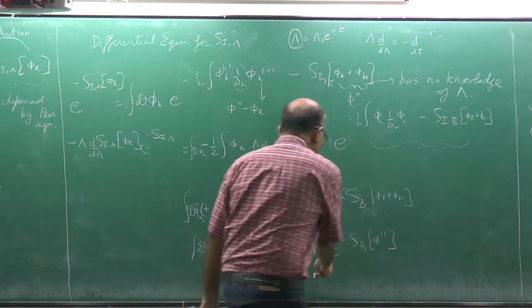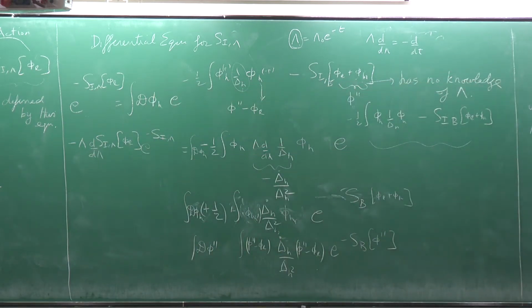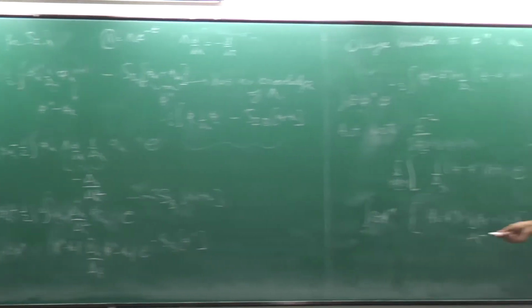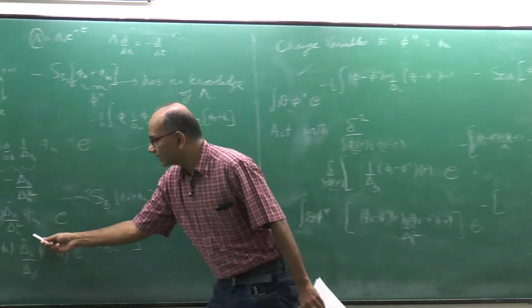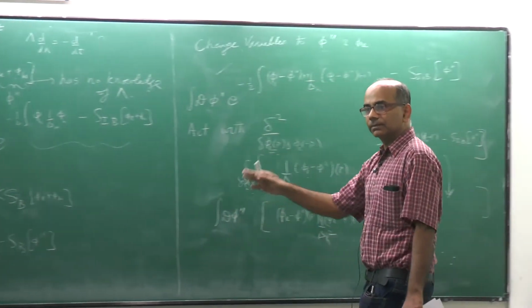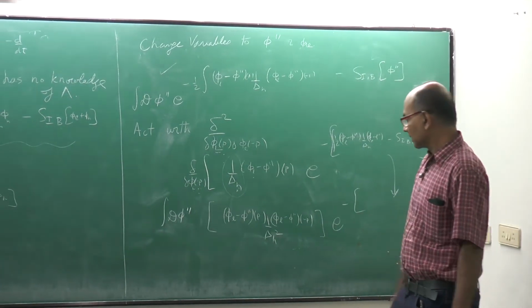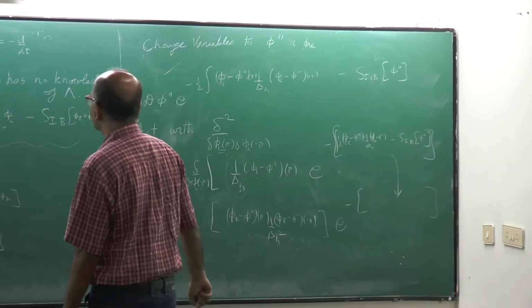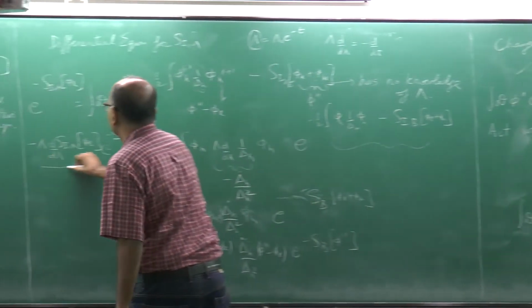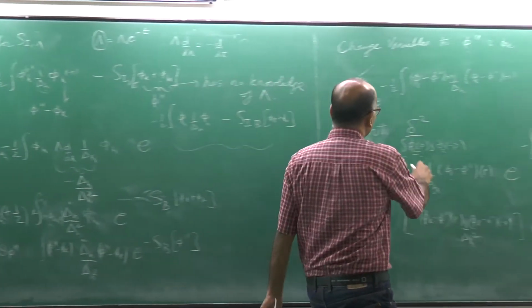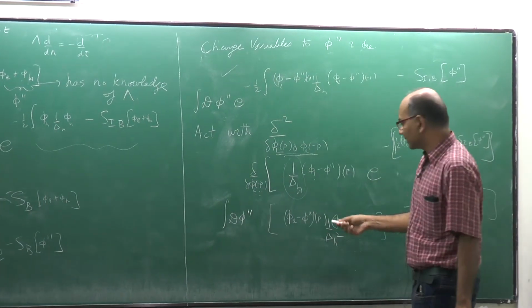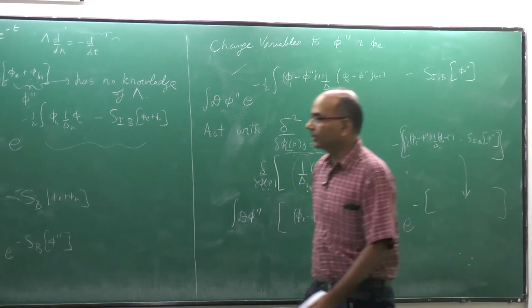But now you compare this with that. They're almost the same. Only difference is there's an extra factor of this delta h dot. Otherwise, it's the same thing. Okay. So the conclusion is that this operation is the same as this operation up to this factor of delta h dot.